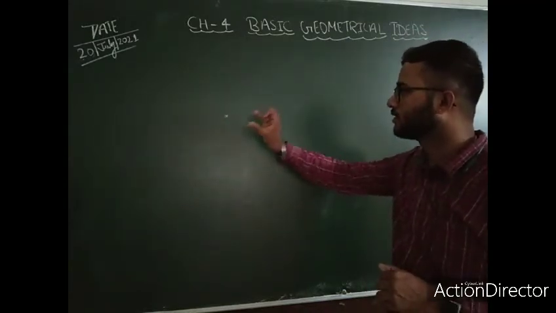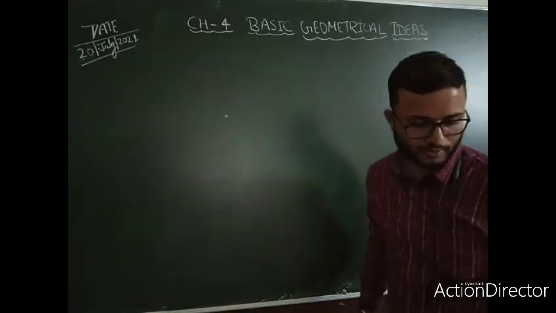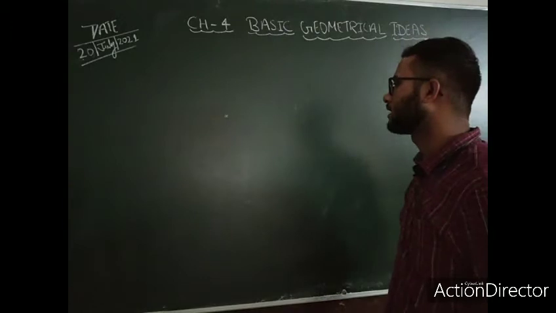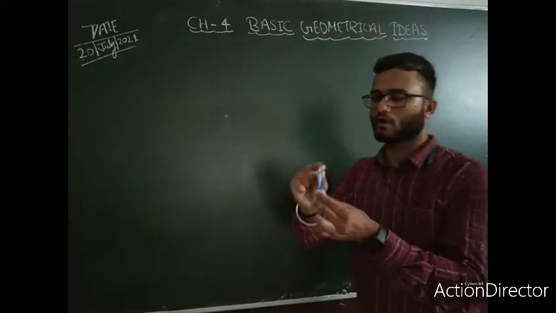A point denotes the exact location of any object or thing. Another example related to a point is the tip of a pen.